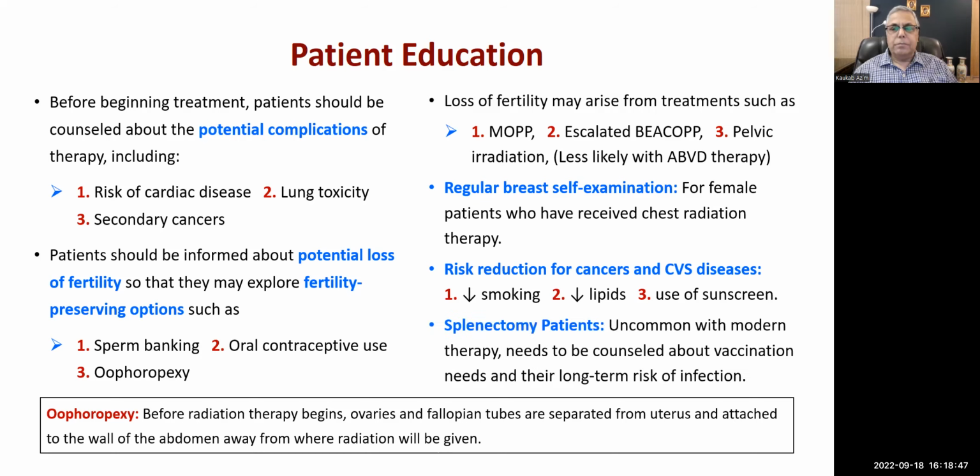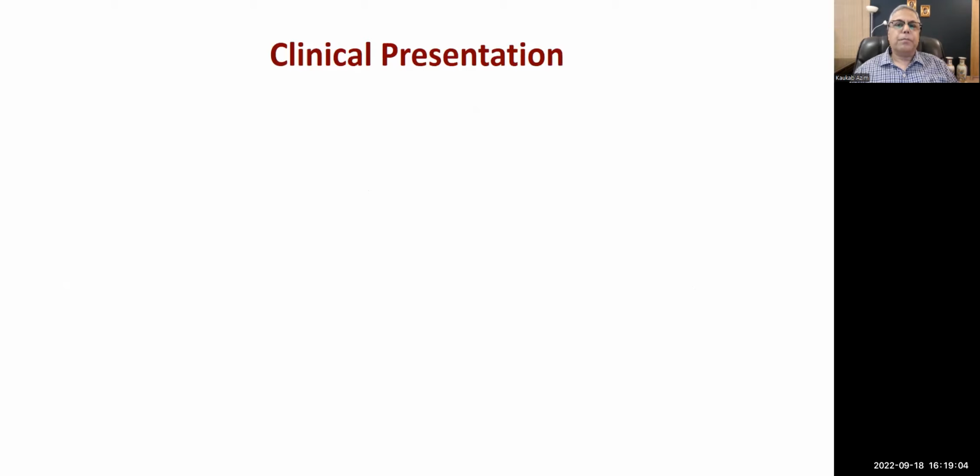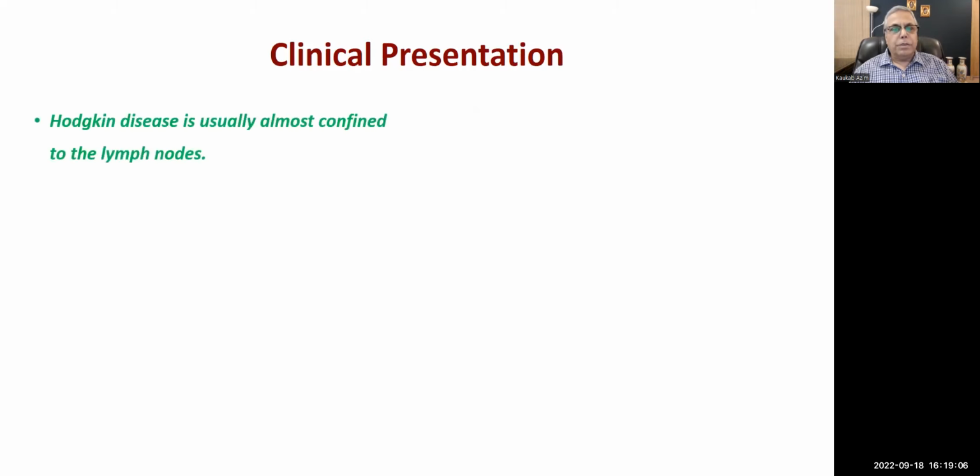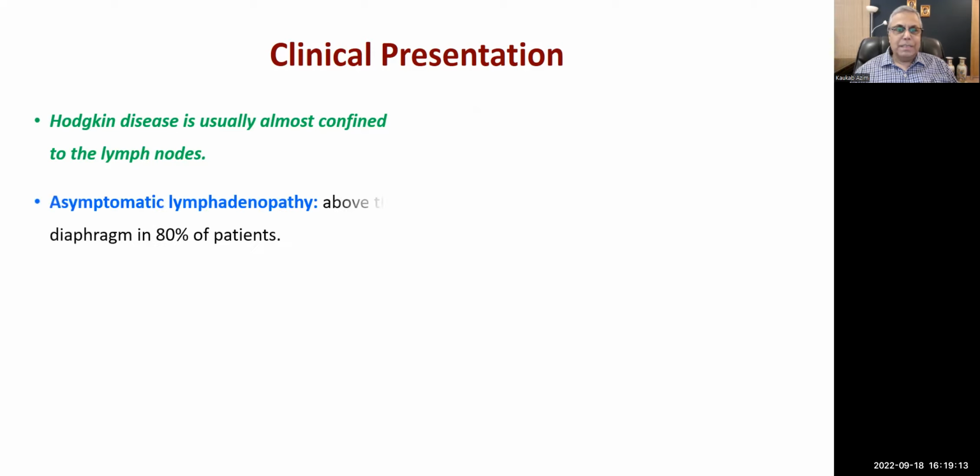Then some patients undergo splenectomy, which is not very common, but once a patient undergoes splenectomy, he is predisposed to developing infections. Okay, so that is a serious issue in patients with splenectomies. Clinical presentation: Hodgkin disease is usually almost confined to 3 groups of lymph nodes, and the most common is in the cervical region.